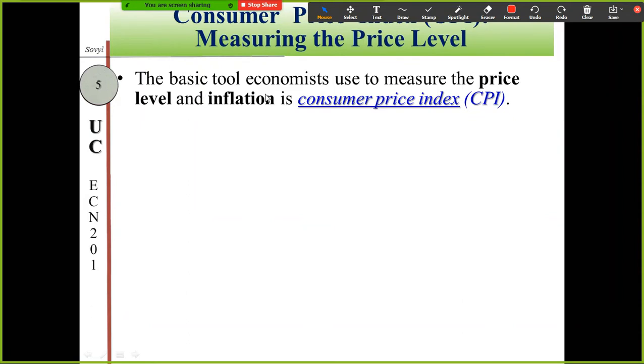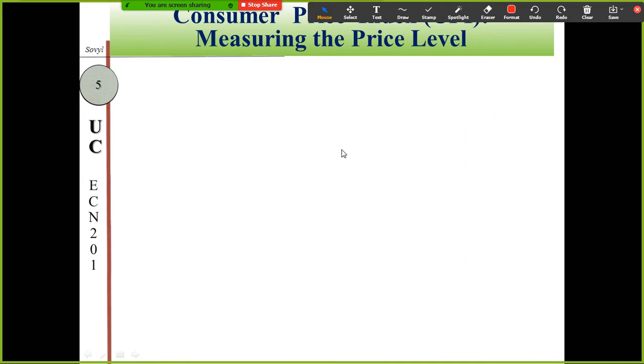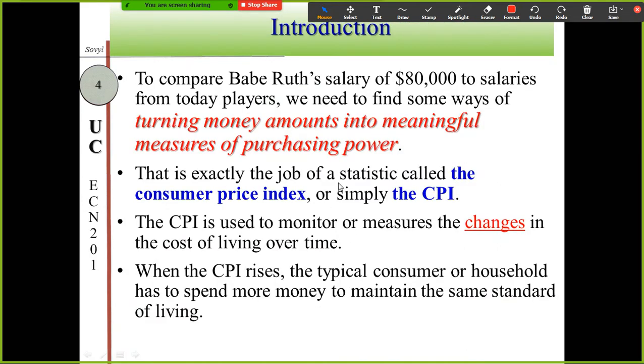The basic tool that economists use to measure the price level or inflation is called the Consumer Price Index, CPI. CPI is used in order to monitor, measure, and check the changes in the cost of living over time.